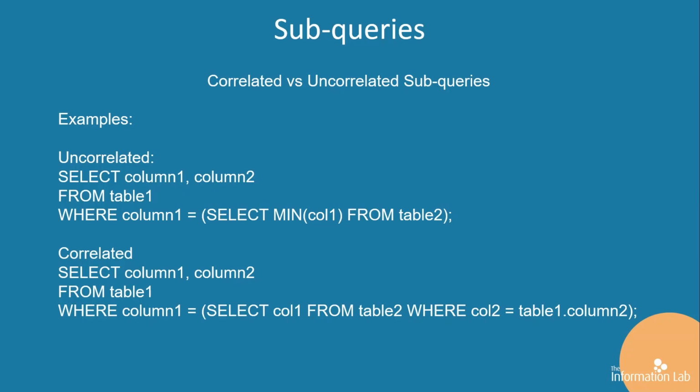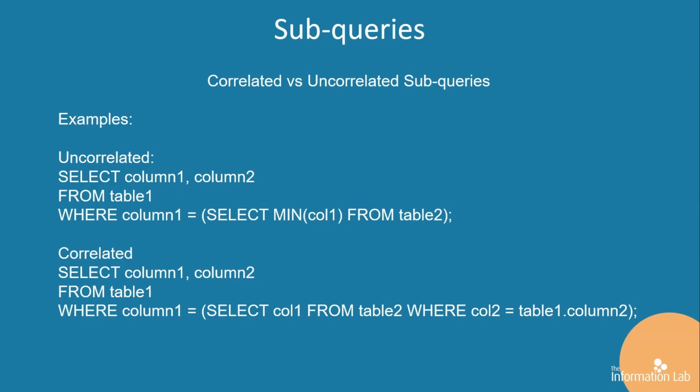Subqueries are essentially a query within a query, and here we're going to look at correlated versus uncorrelated subqueries. So an uncorrelated subquery doesn't depend on the outer query. So the subquery can run separately and the results can be used by the outer query just once.